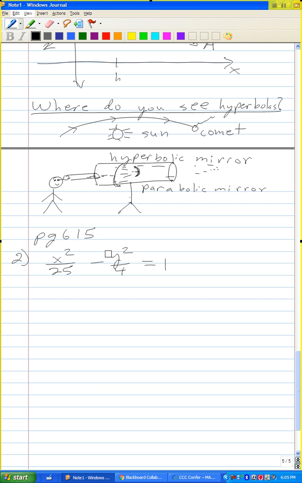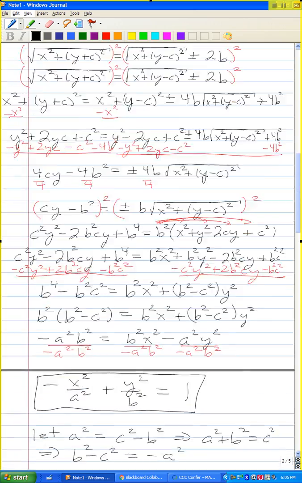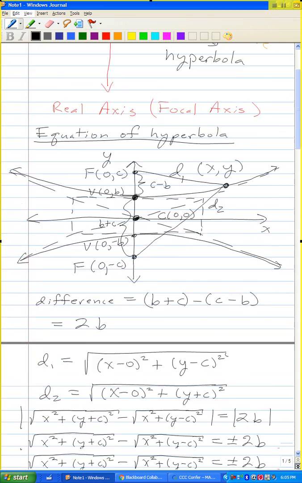Once you've done that, it becomes what's called a hyperbola. That's why we call this focal axis the real axis, and this other one the imaginary axis. We've taken this ellipse that is usually within this bounding rectangle, and we've blown it up so it now is in the complex plane. Okay, so let me do problem number 2.